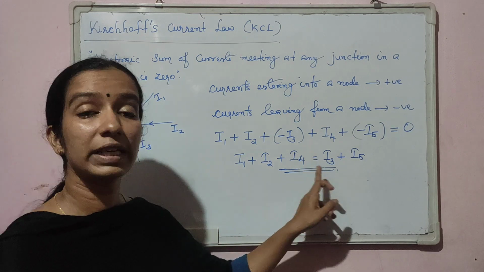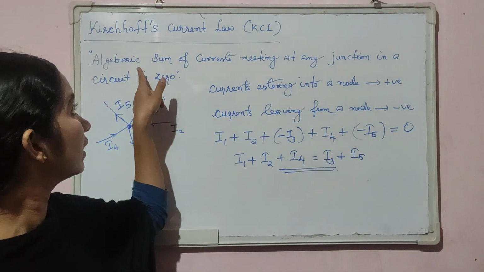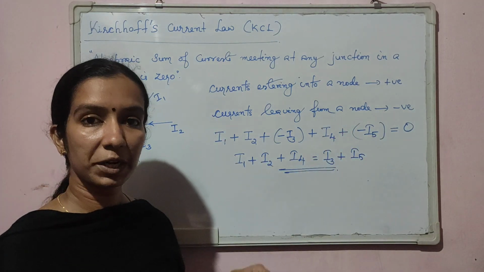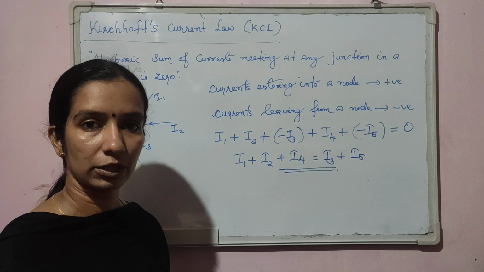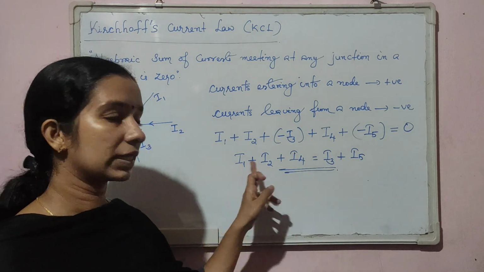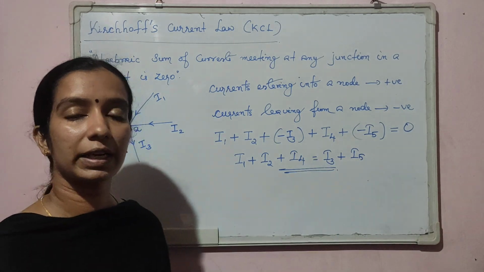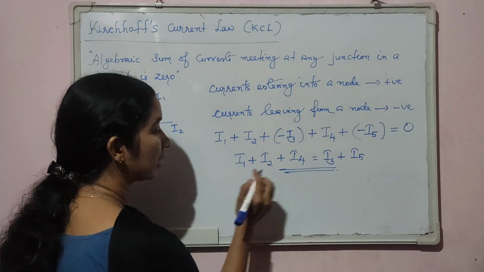Here we have to take the arithmetic sum, not the algebraic sum. In the first statement it is the algebraic sum. So either the algebraic sum of all the currents meeting at a junction in a circuit is 0, or the sum of currents entering into the junction is equal to the sum of currents leaving from the junction. Here this is the arithmetic sum.